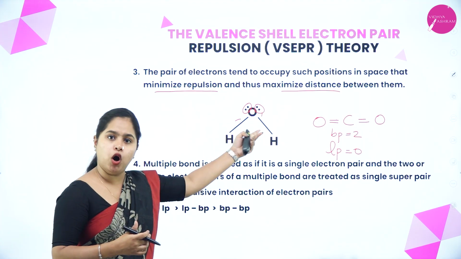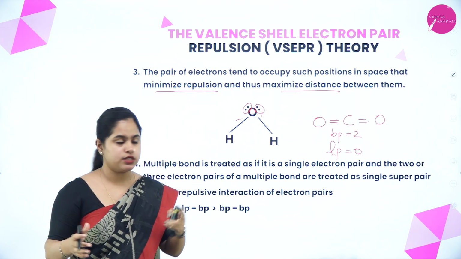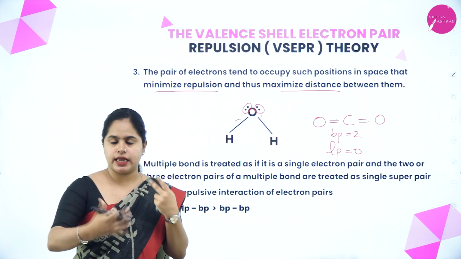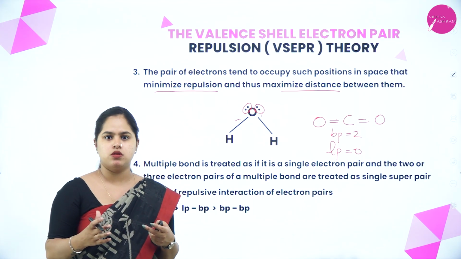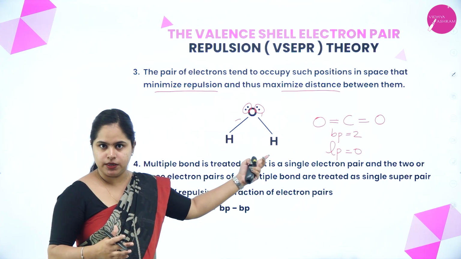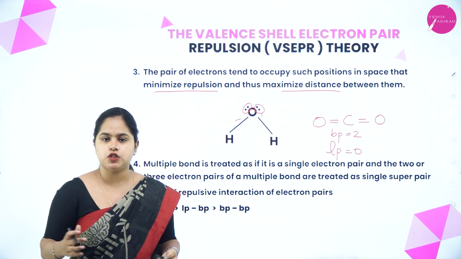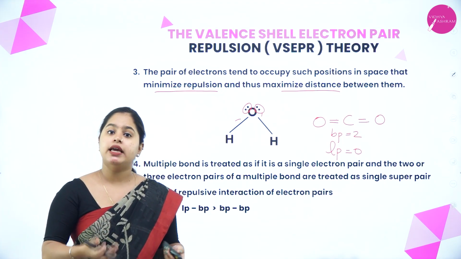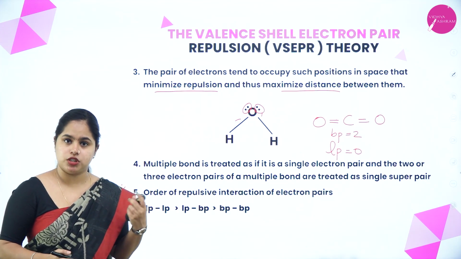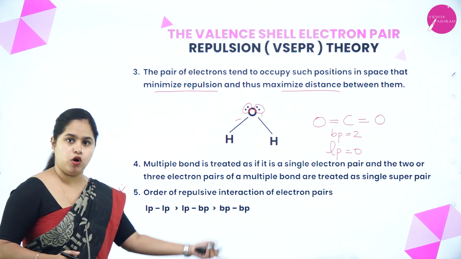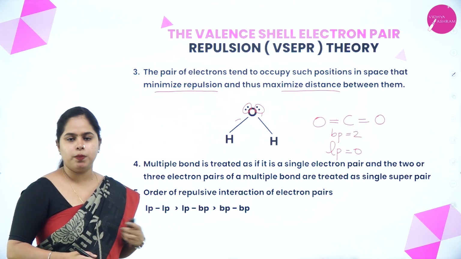In the case of bond pairs, the electrons are participating in the bond, so they can't easily move around because they are bound to some atom. They won't be able to move freely, hence their repulsion will be less. That is why lone pair repulsion is more, and then lone pair-bond pair will be the least. I hope it is clear.